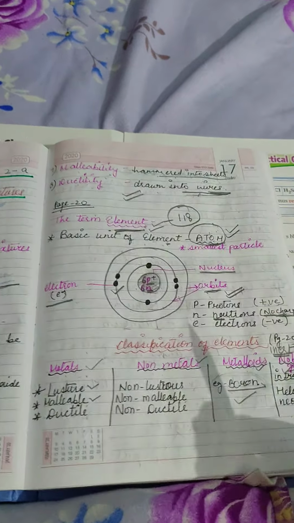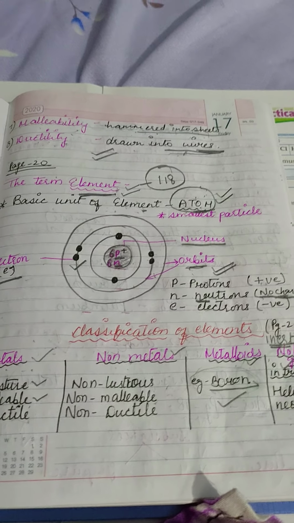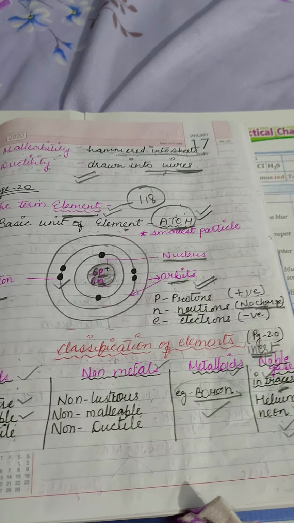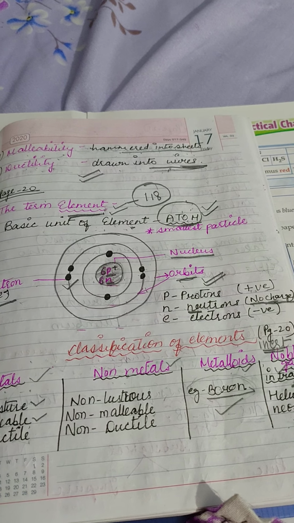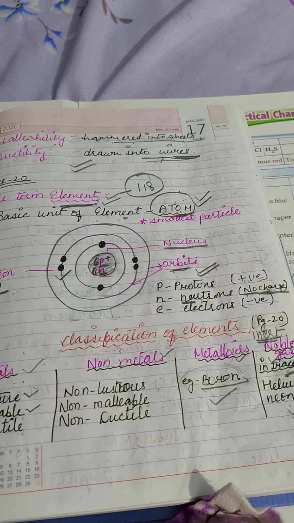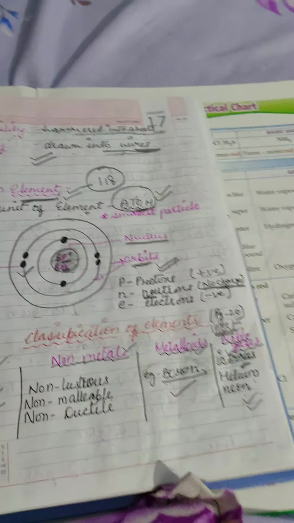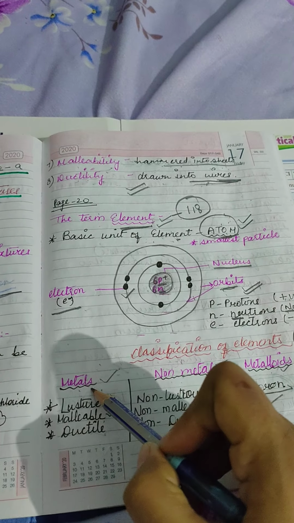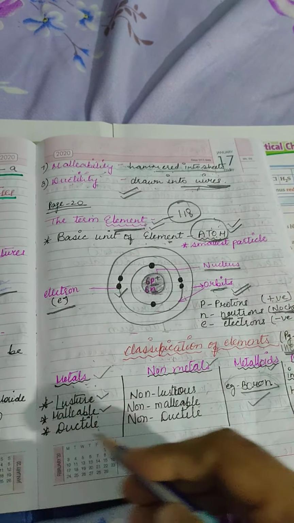Now, 118 elements are known so far, but we cannot study them all together, right? So, to make the study easier, we classify these elements, or we place them in different groups on the basis of their certain properties. So, we make groups: metals, non-metals, metalloids, and noble gases on the basis of their properties.